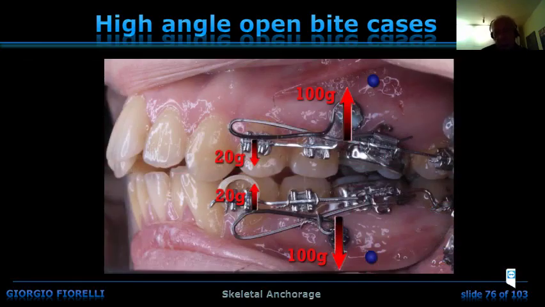Okay, so if we want to intrude these teeth, and in case of open bite, my recommendation is that you intrude both upper and lower posterior teeth.